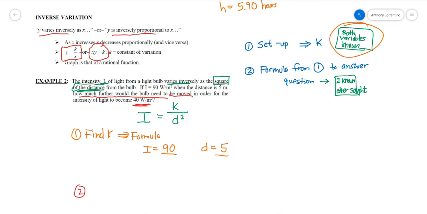So I know I'm going to need to figure out what D is, but what I'm actually going to be looking for is how much further I have to go. It's going to be D minus the 5 we had before.